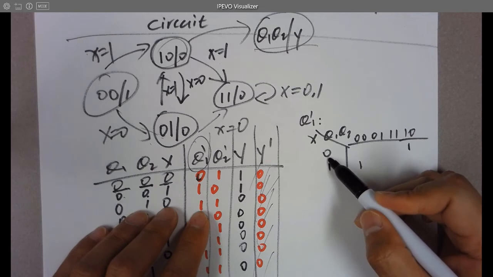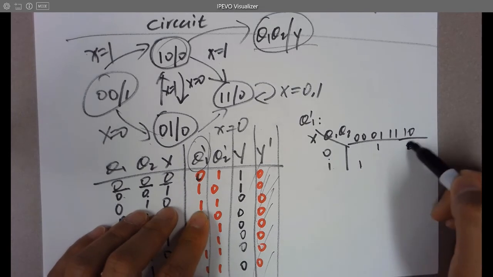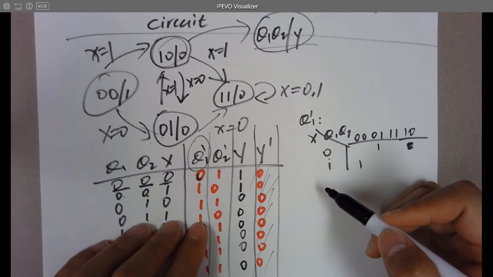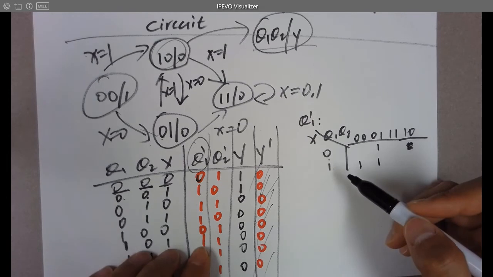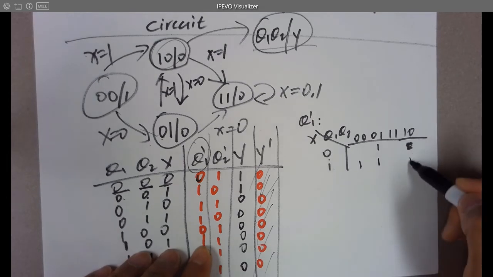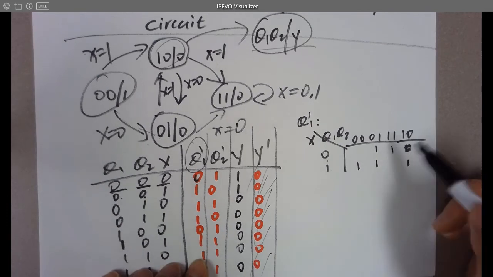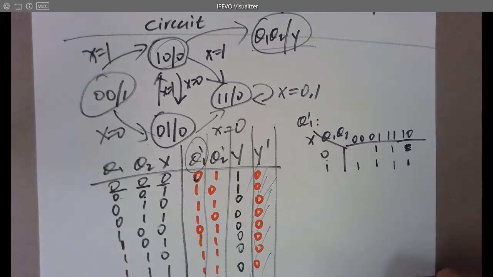So it's 0, 0, 1. 0, 0, 1 is here, not here. And then 1, 0, 1, and then 1, 1, 0, and then 0, 1, 1, and then 1, 1. Okay. These are all the stuff you want to simplify.